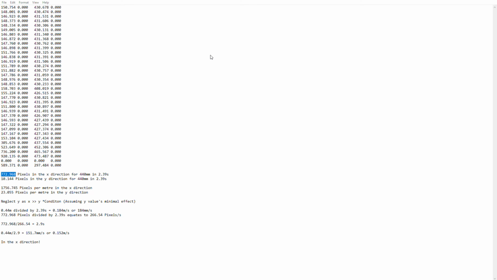266.54 pixels per second. Now what we want to do is take the total amount of pixels that it has traveled and divide it by this 266 pixels per second, and the time we end up getting is 2.9 seconds. So according to the distance traveled by the object in machine vision, it believes that it has traveled for a time of 2.9 seconds.